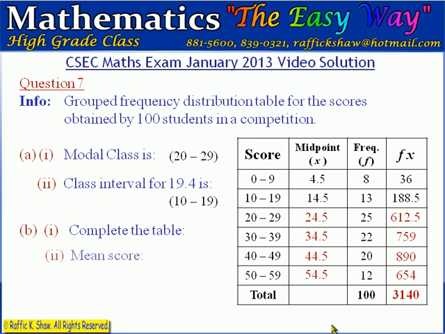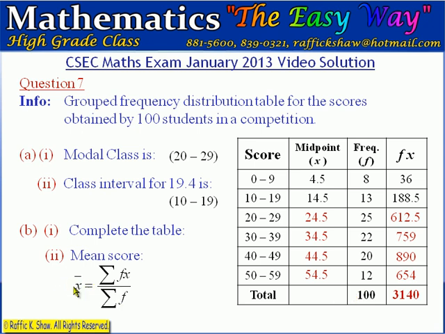Part 2 now wants us to calculate the mean score from this information, and as I said, this 3140 is an estimate of the total score by the 100 students, and so the mean score is calculated by taking the sum of this column fx, that's the sum of f times x, divided by the sum of the frequency, which is the total number of students in the survey.